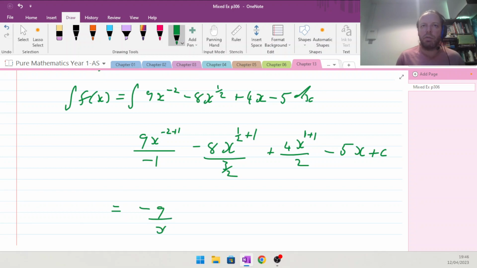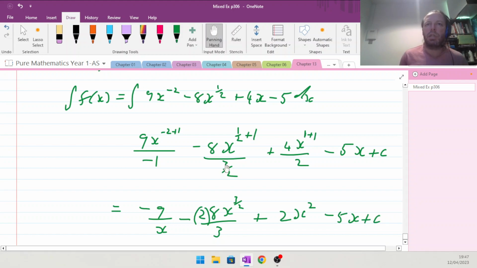so that's over x minus, what do we have here? We end up with minus 8x to the 3 over 2, but we are now multiplying by 2 over 3, plus 4 divided by 2 is 2x squared minus 5x plus c.